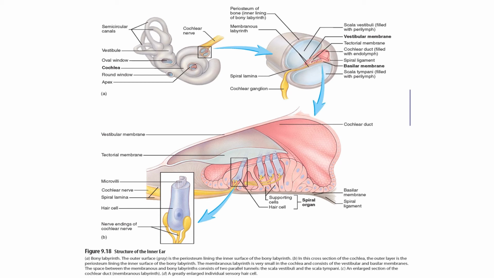Okay, so the hair cells have microvilli, and then the body is of course the hair cell itself, and it is directly connected to the nerve endings of your cochlear nerve, and eventually this cochlear nerve would exit through your spiral lamina. Okay, and then eventually action potentials would be delivered from your cochlear nerve going to your brain.